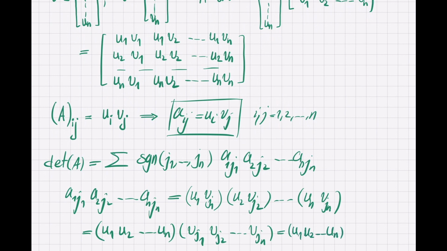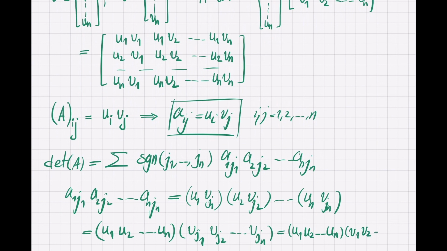What is happening here? I am not completely sure right now that v_j1 is v1 or v_j2 is v2, but I know that j1, j2, jn is a permutation of 1, 2, 3 up to n. So exactly one of these factors is v1. Which one, I don't know. Exactly one of these factors is v2. Again, which one I don't know. And exactly one of these factors is vn. So it means that the product is definitely v1, v2 up to vn.